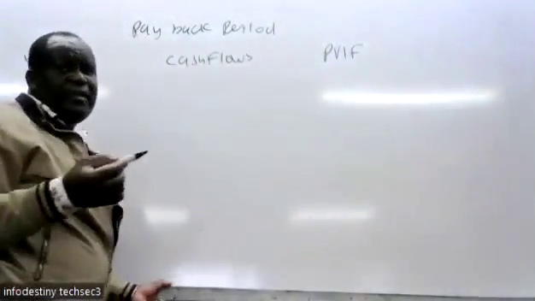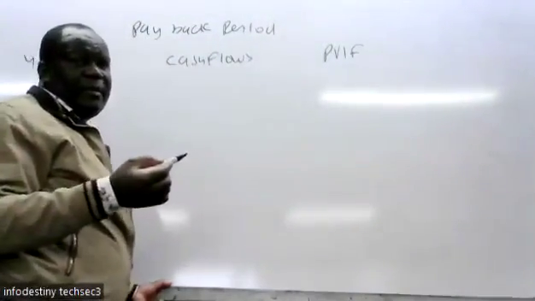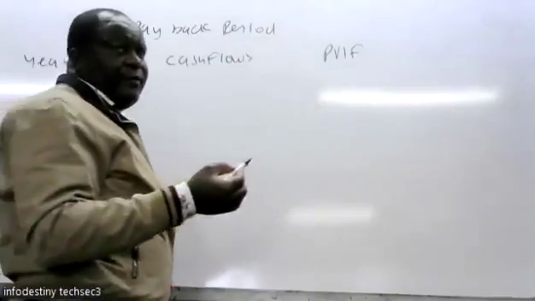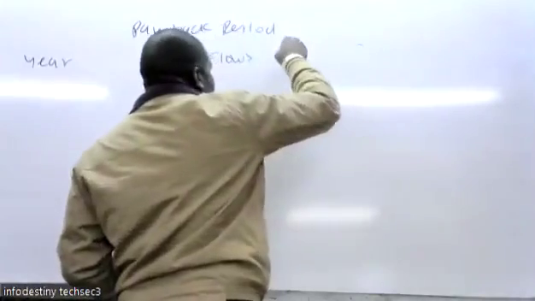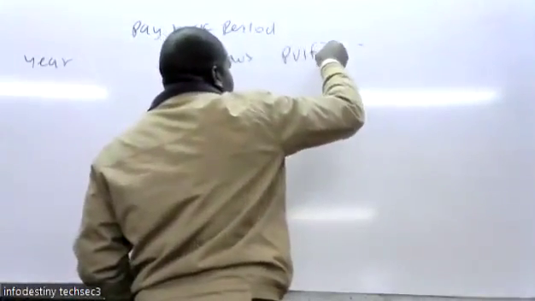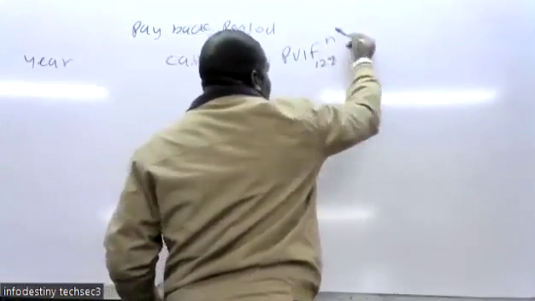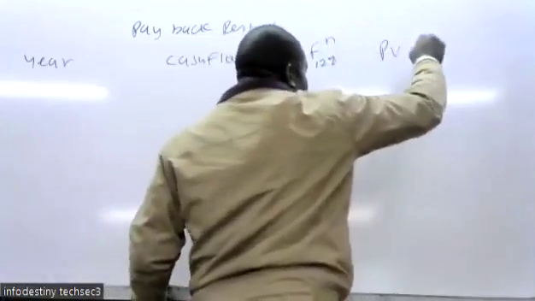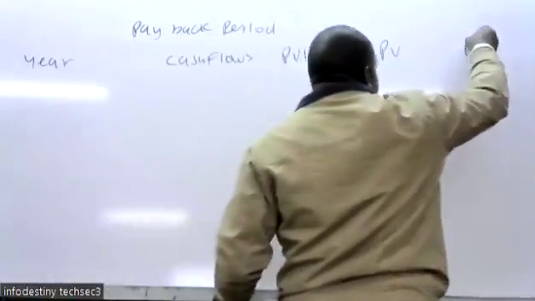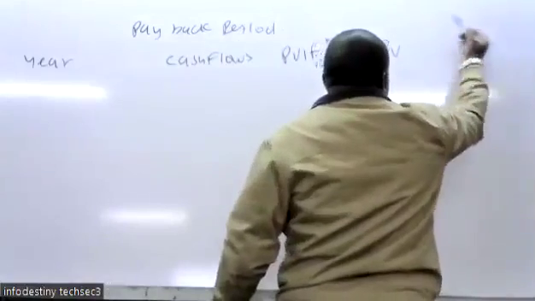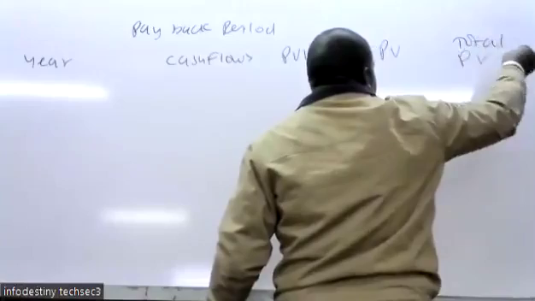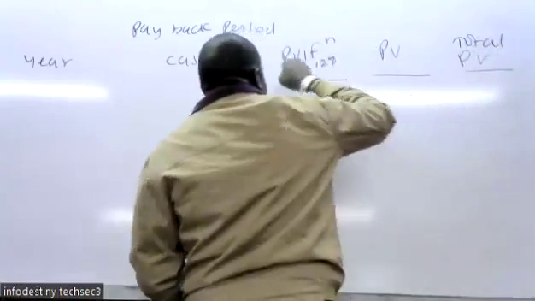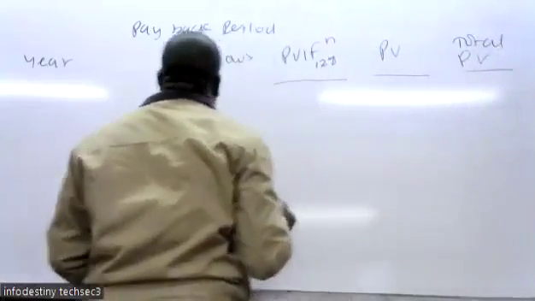You remember the cost of capital was 12%. Present value interest factor at 12% for each year. So that we come up with the present value, also the total present value, like that.